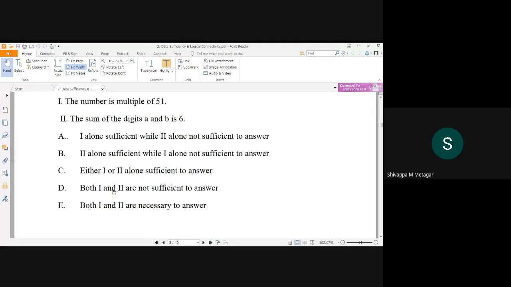Either 1 or 2 is sufficient. Both 1 and 2 are necessary. It means based on the first statement, we can easily answer the given question. Your answer should be the first one: 1 alone is sufficient while 2 alone is not sufficient to answer the given question.